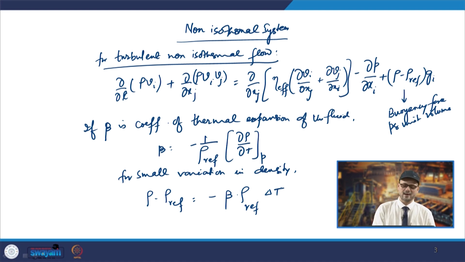So, your rho minus rho reference is defined as minus of beta rho reference and delta T. So, that term will come here.